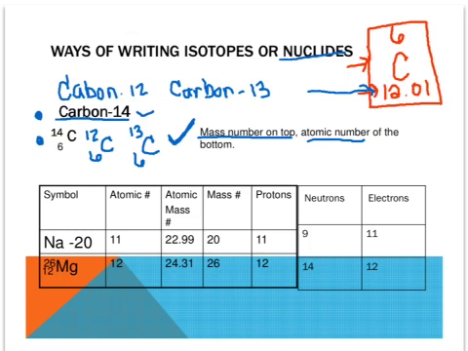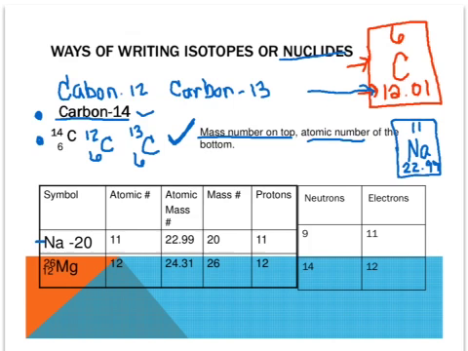Alright, so if you look at the chart that I have down here, sodium-20. We're talking about a very specific isotope of sodium, the sodium atom that has a mass of 20. If you look at the periodic table, you'll see that sodium looks something like this, with an 11 here and 22.99 on my periodic table.